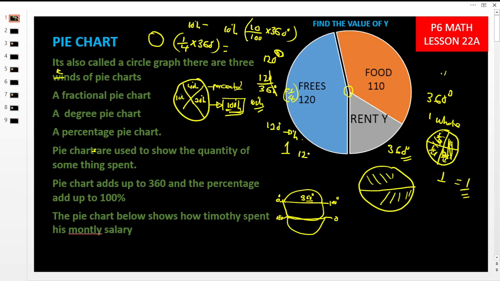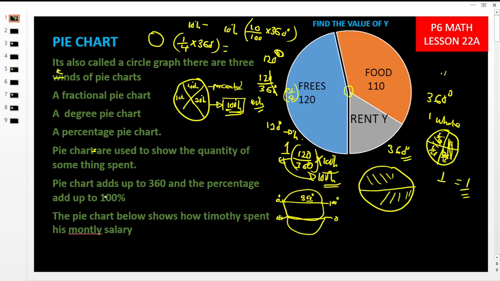So this is 120 out of 360, because 360 is the total degree, then times 100%. Or I first change to a fraction, then the fraction to a percentage. Are we there? So that is the brief notes and well explained hints about pie charts.